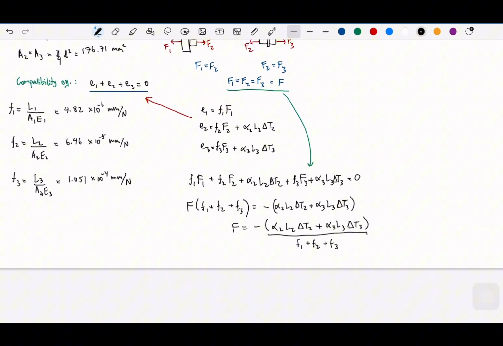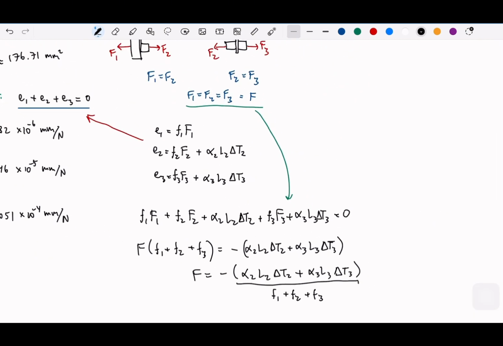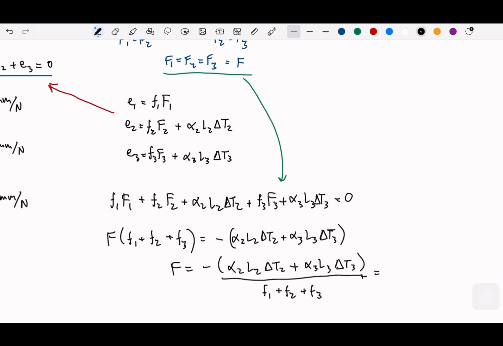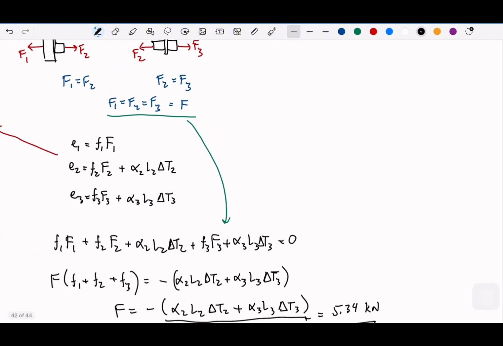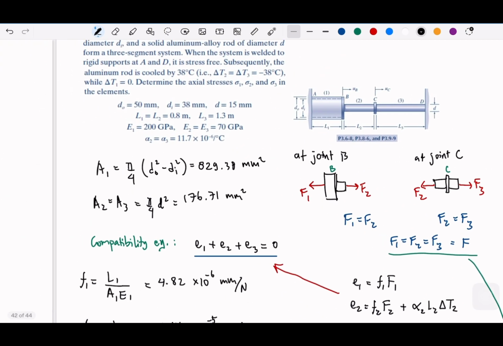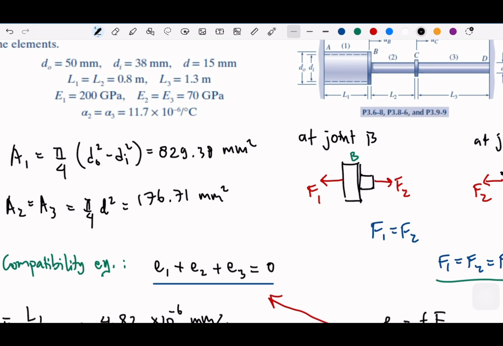Now we can put everything into the equations, and then we can get the result. Because the thermal expansion is negative, the negative becomes a positive. This is around 5.34 kilonewton for the F, which means the axial stress will be F over A1, which we can see from our expressions here.